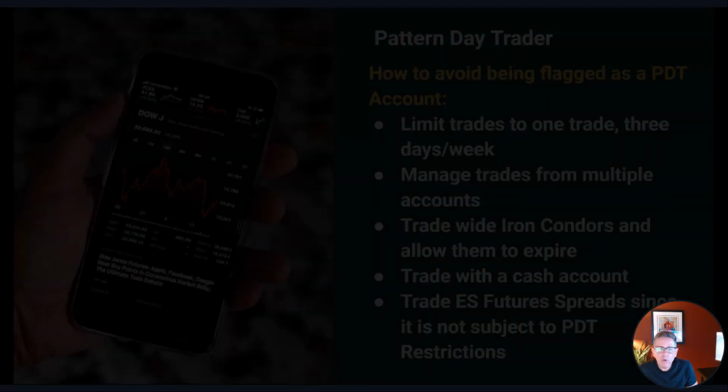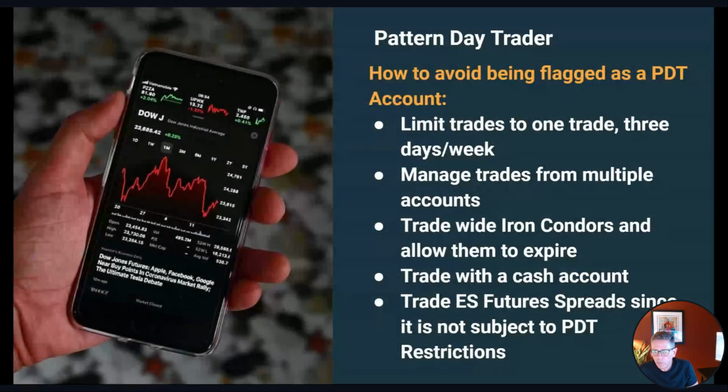So how do you avoid the PDT flag? Well, you limit trades to 1 trade every three days per week. In other words, Monday, Wednesday, and Friday type of thing. You manage trades from multiple accounts. That works. Trade iron condors that are wider, which will allow you to have less exposure to the market.